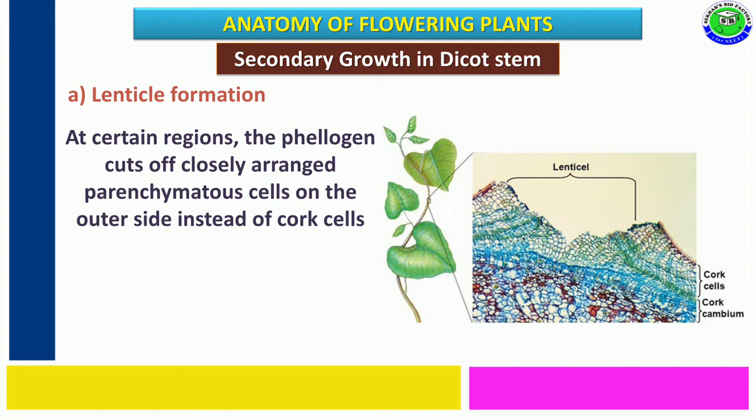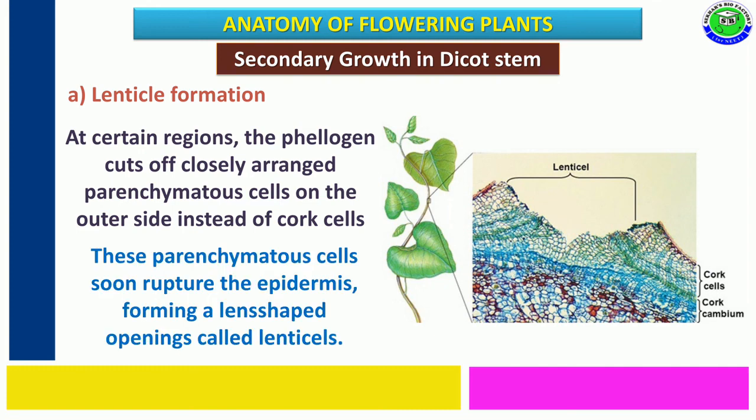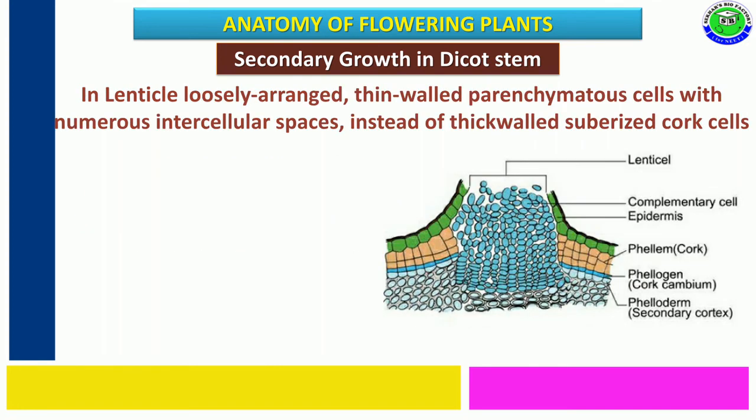These parenchyma cells soon rupture the epidermis, forming a lens-shaped opening called a lenticel. In the lenticel, the cells are loosely arranged, thin-walled parenchymatous cells with numerous intercellular spaces.